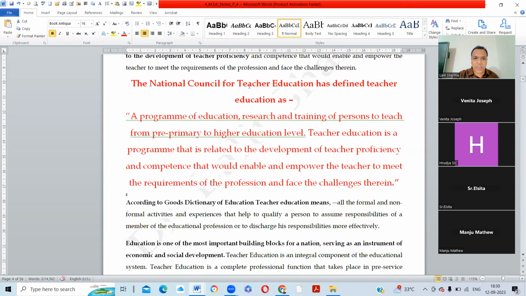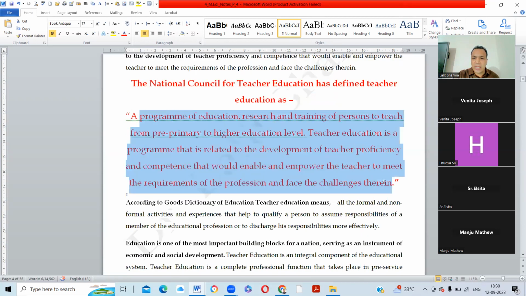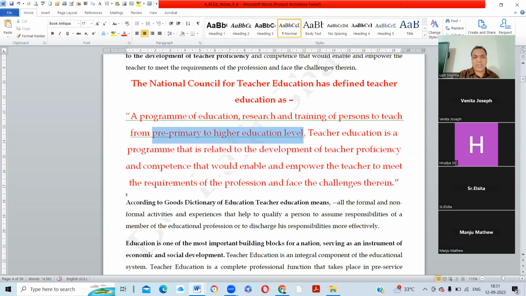So what is teacher education? According to the NCTE, it is a program of education, research and training of persons to teach from pre-primary to higher education level. So in India, if you have to teach from pre-primary to higher education level, then you have to undergo a teacher education program.